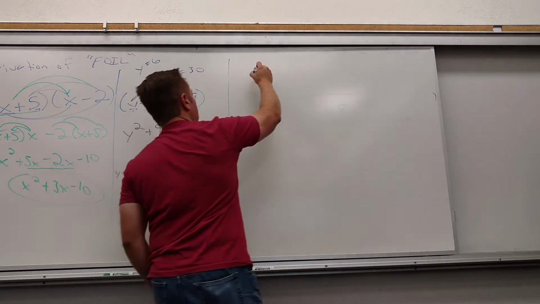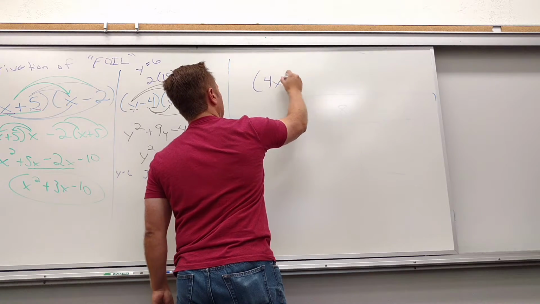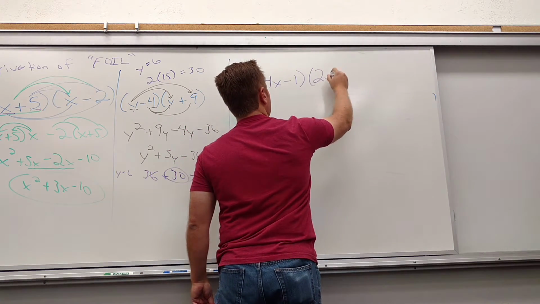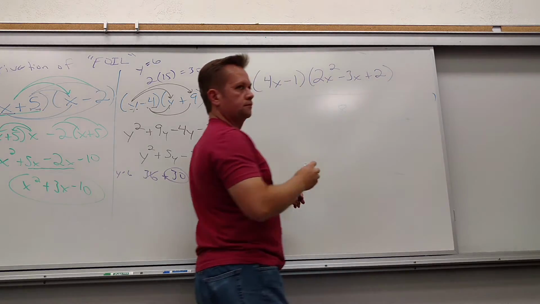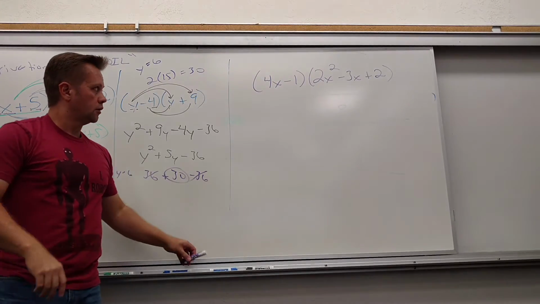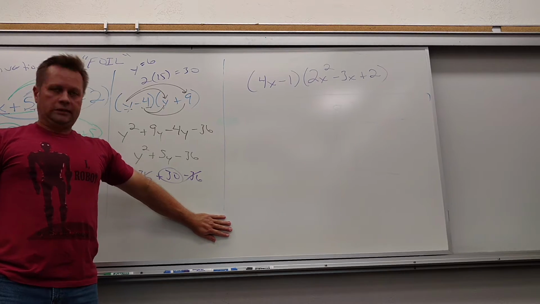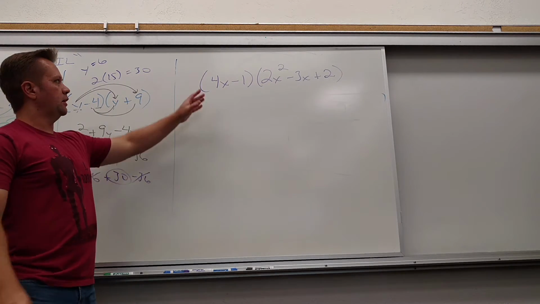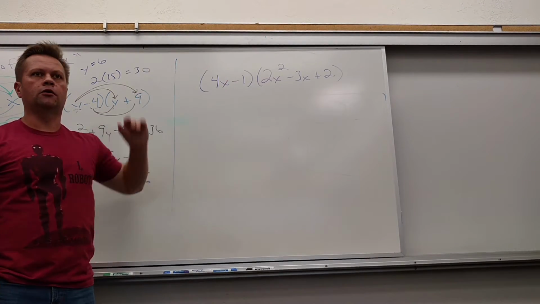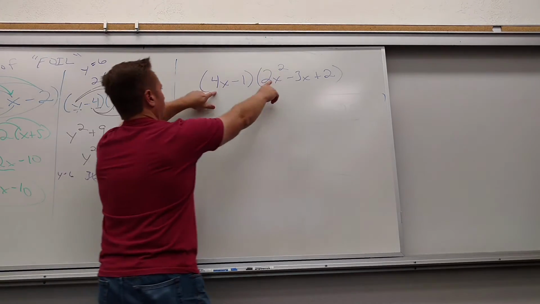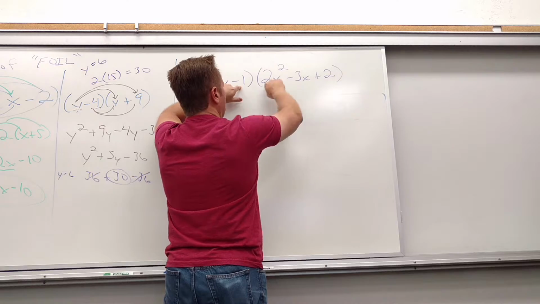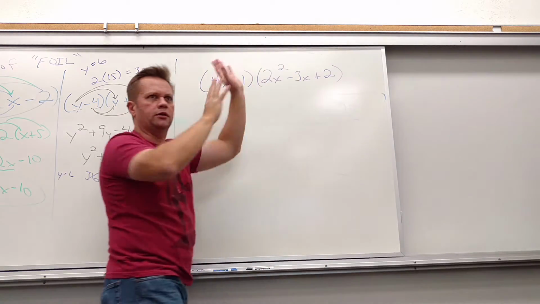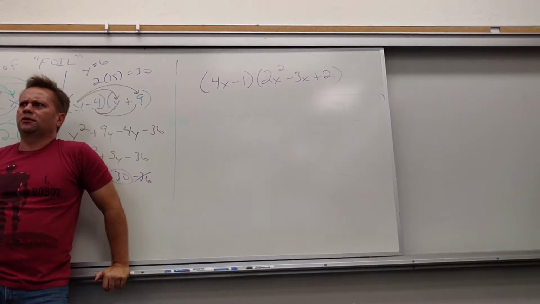Because if I have something like this, FOIL isn't going to help me. It'd have to be, I don't know what, first, middle, first, last, outer, inner, middle. Good Lord.